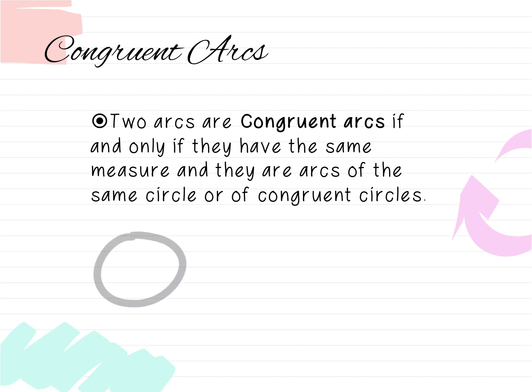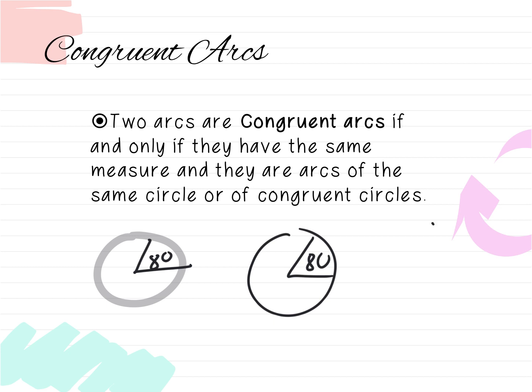Say you have this circle right here, you have an arc of 80, and then again, you have to have the same radius and the same measure for it to be congruent. Again, circles have to be congruent, having the same radius or radii. This is multiple circles and multiple radii, and they have to have the congruent arc. So in this case, it's going to look like 80 and 80.